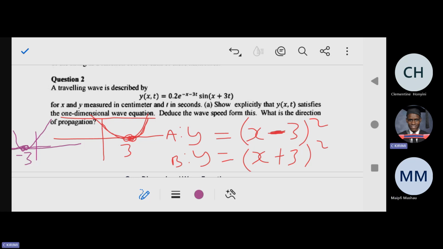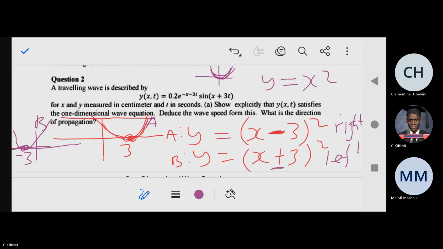If the graph has not been shifted, it's just y is equal to x squared, standing at the origin, facing upwards. If you shift the graph to the right, it is minus. If you shift the graph to the left, here it's going to be what? Positive. It's the opposite of the way you are thinking. Have you forgotten your matric maths? So that one is A, and this one is B.